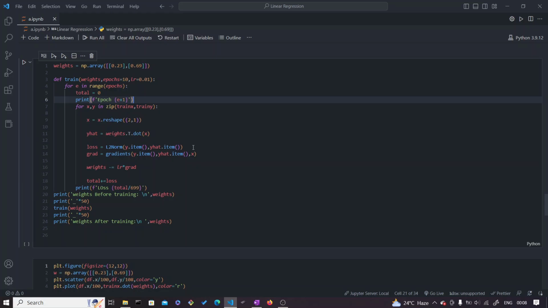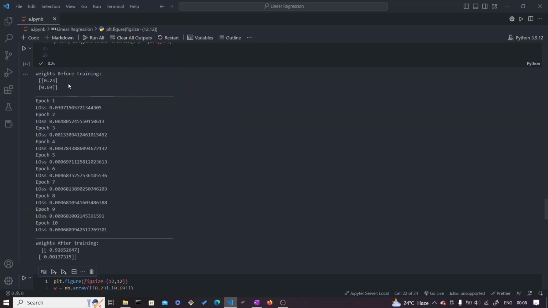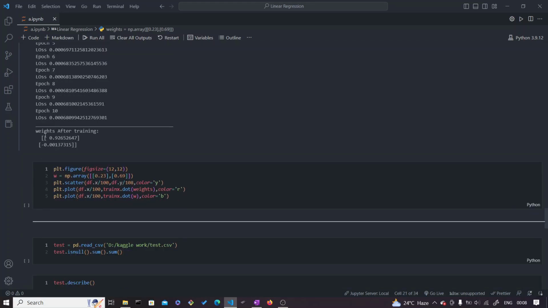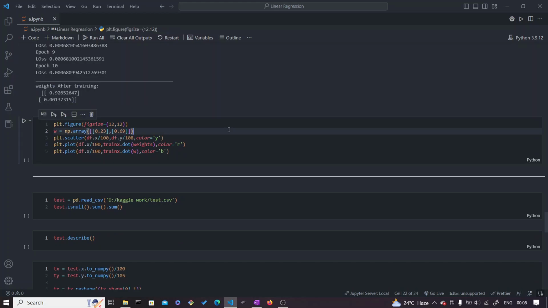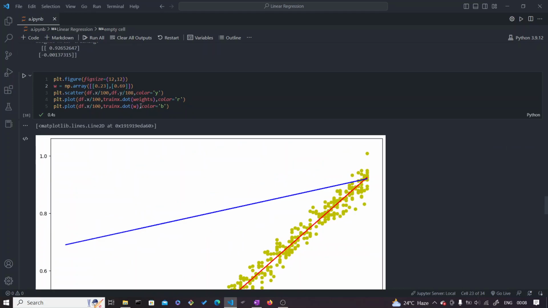So if I run it, this was my weight before, and this is the loss at each epoch. Epoch means basically your hypothesis will take every data point into consideration, and after training is over, this is your ultimate loss. Now if I plot this, you see the blue line over here.